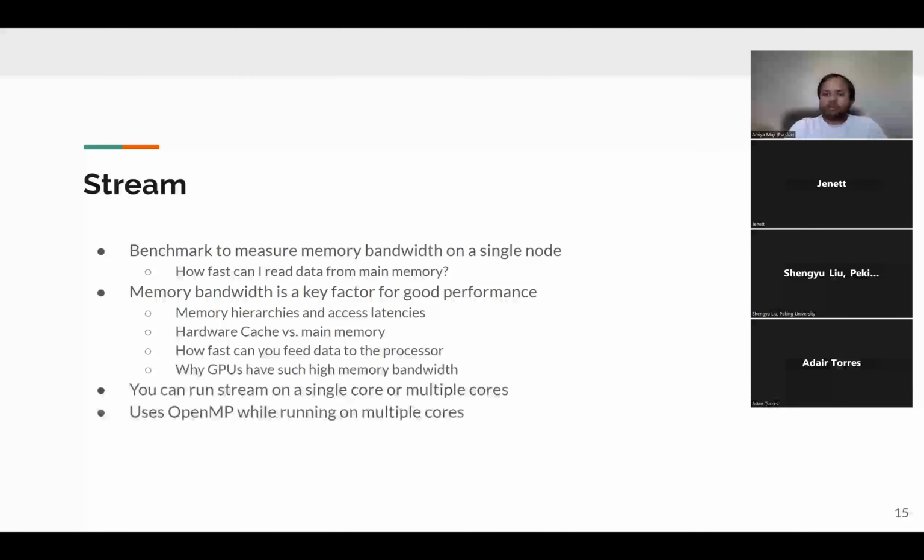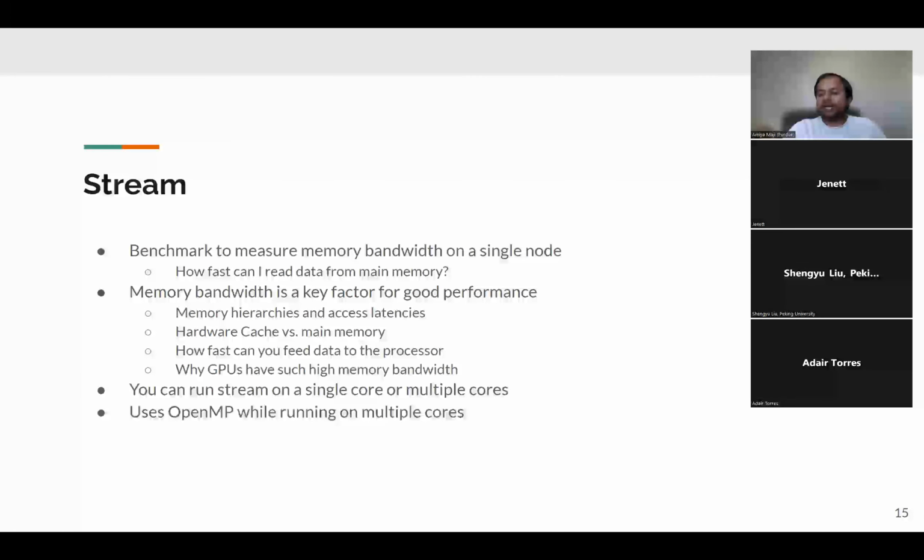So you can run Stream on your machine. You can run it either as single core or multiple cores. Stream is a single node benchmark, right? So you don't have to run Stream on every node of your cluster at the same time. You can run it on one single node, right? But in order to get the maximum memory bandwidth, you need to run it with multiple cores.